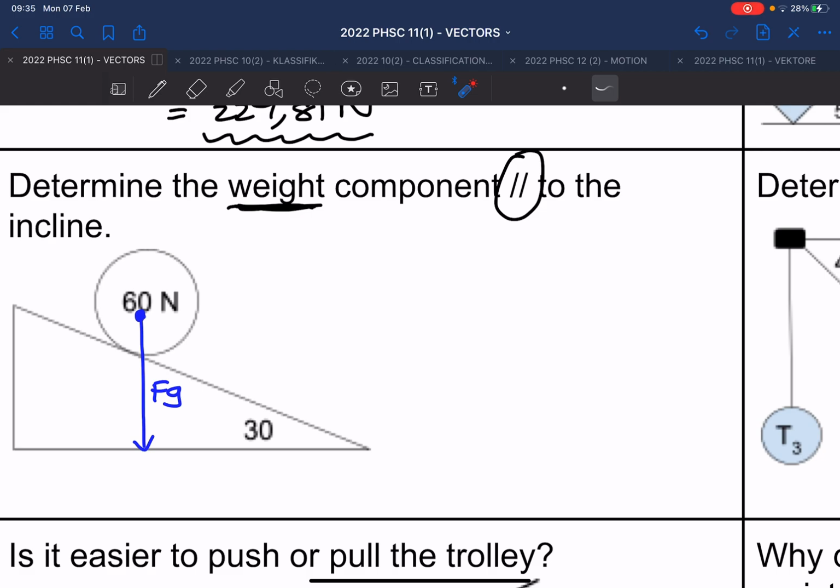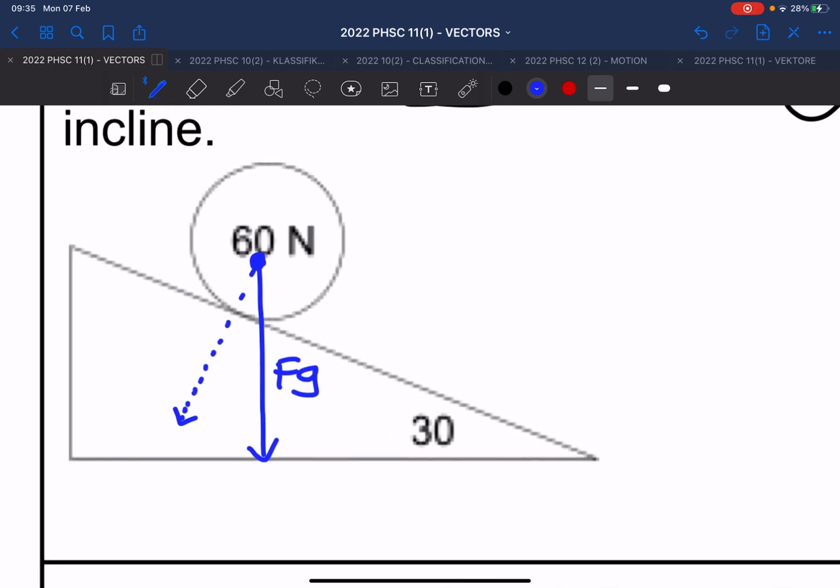And then you take your ruler down so that you can elongate it until there, not all the way until it touches at the bottom, just until there. So that it is perpendicular to the inclined plane. Okay, so you call that Fg perpendicular.